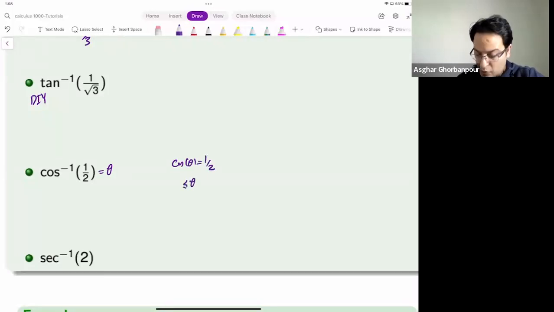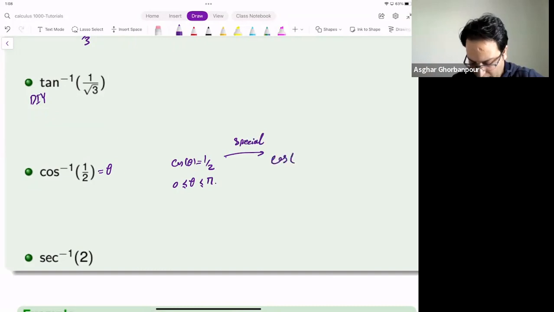The one-to-one domain of cosine is from 0 to pi. So what is an angle from 0 to pi whose cosine is 1 over 2? This is one of the special angles. You should know this one from the table that we had. Cosine of pi over 3 is half. So that is in the interval. We are good to go. And this will be pi over 3.